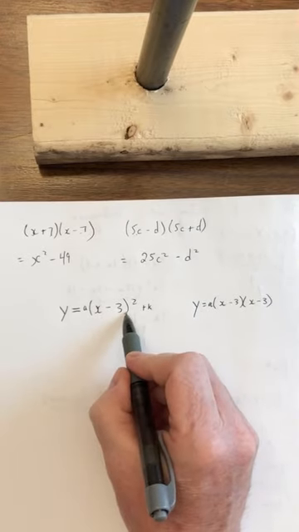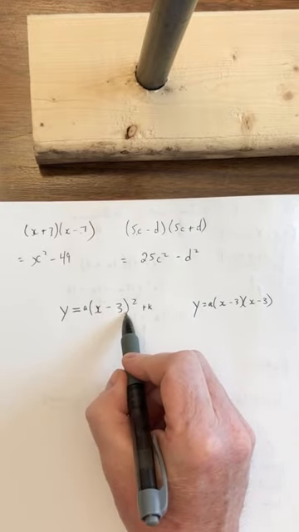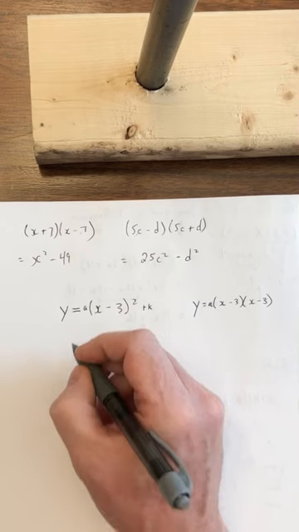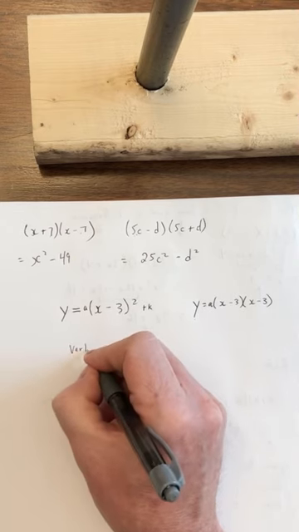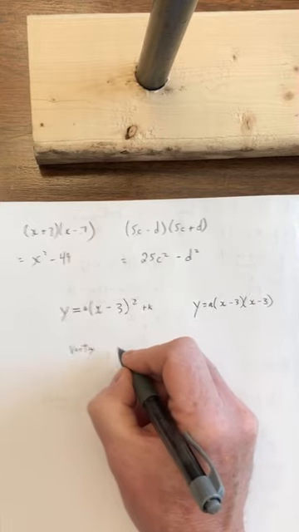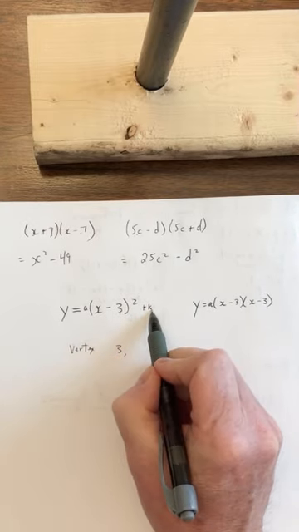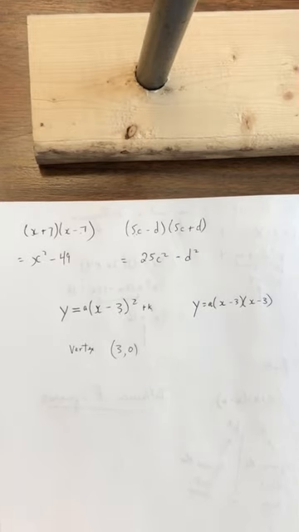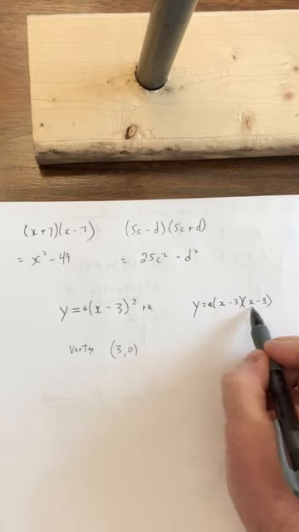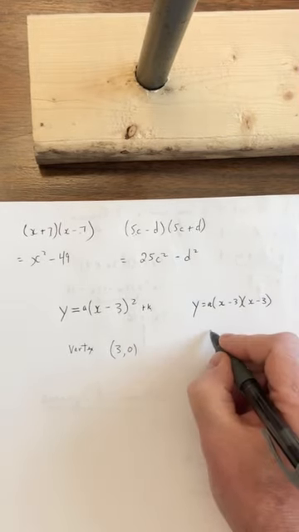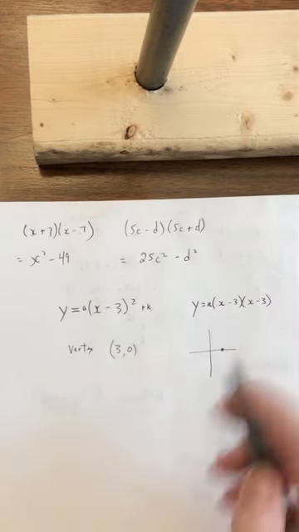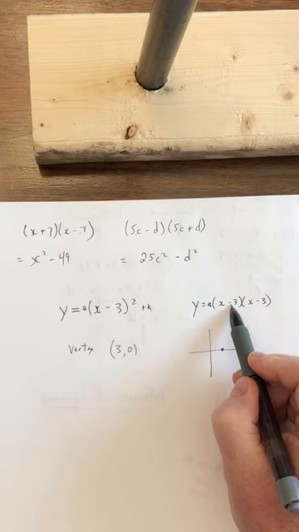So in this case, for the vertex, we know that we are moving right 3. And we're not moving up or down. So our vertex is at 3, 0. Here we know that we have our zeros. If you just want to look at it graphically, we know that we are crossing the x-axis at 3.